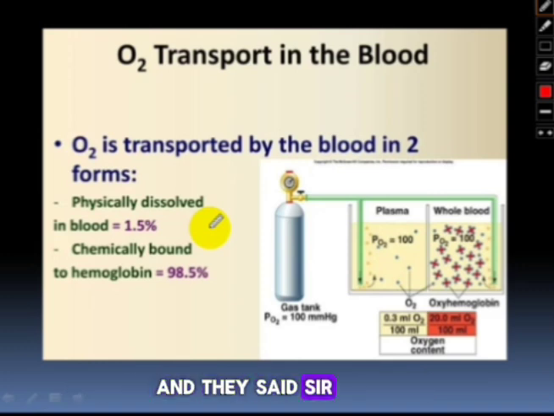They said, sir, the values you gave are different from the ones in the textbook. I asked them, what textbook did you read, and what is the figure there?